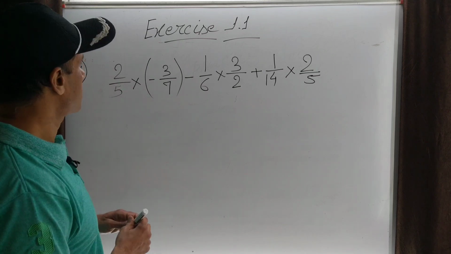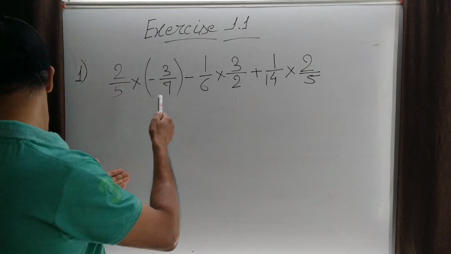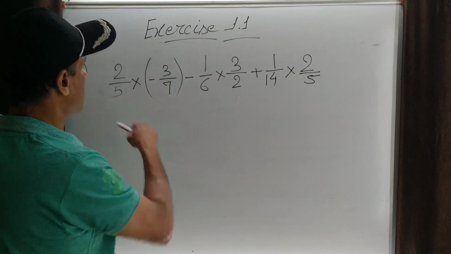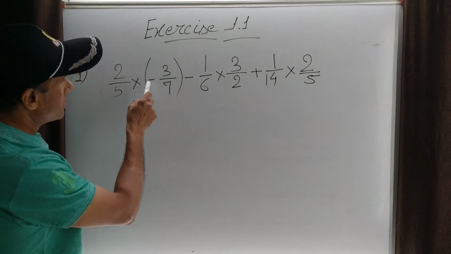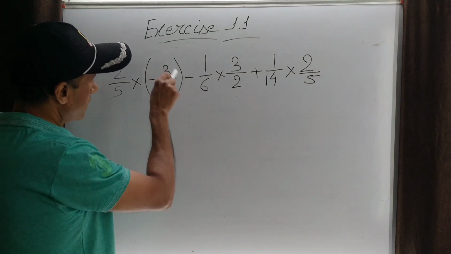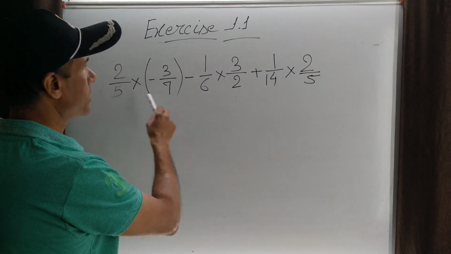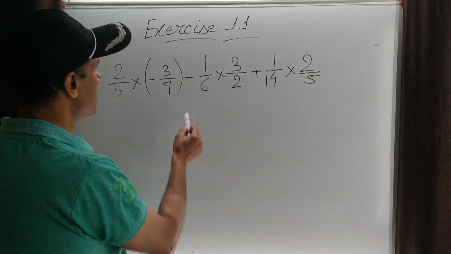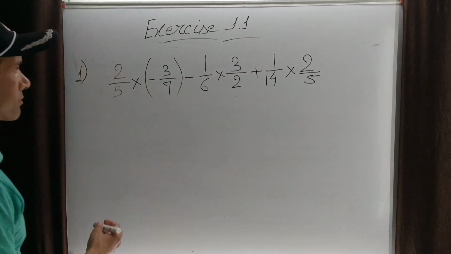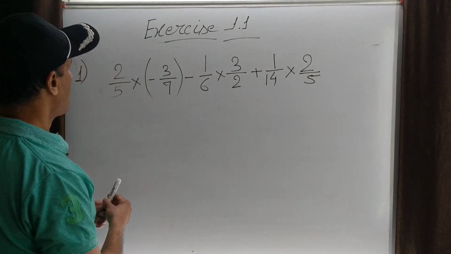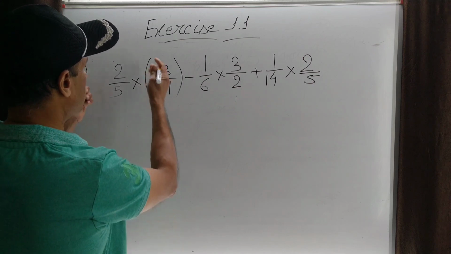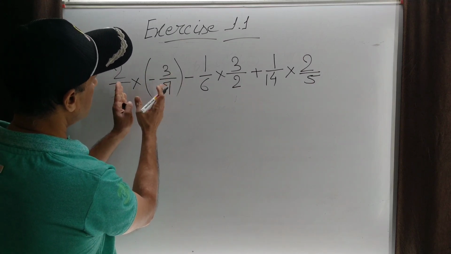In this expression, there is a bracket. Inside the bracket there is a negative rational number. The rest is almost the same. You are dealing with multiplication and subtraction, so our approach will be the same. This bracket has just been given so that you are not confused.